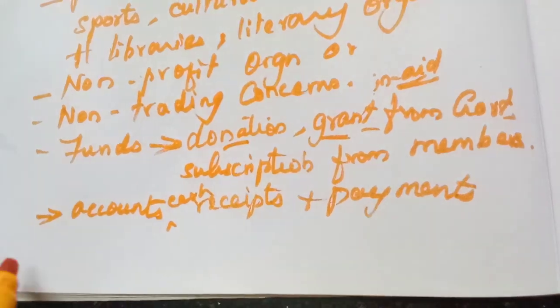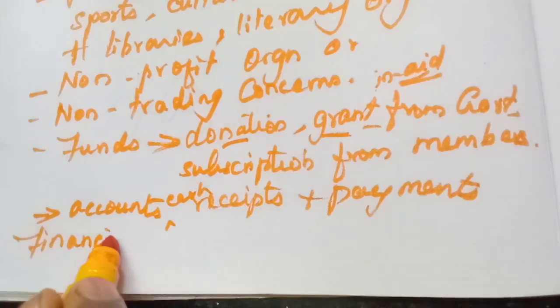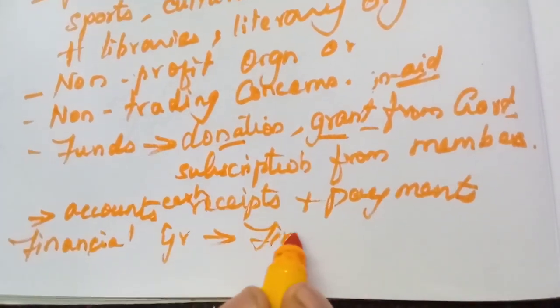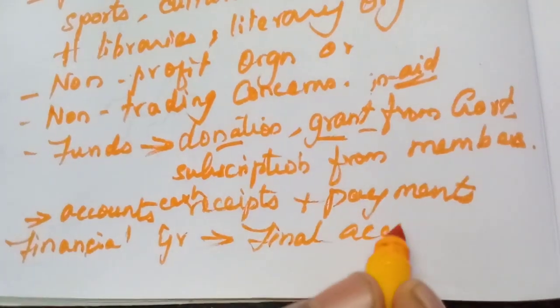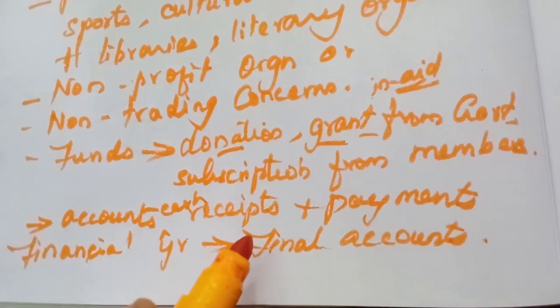Then at the end of the financial year, like the trading concern, they also must prepare the final accounts. Understood? They have to prepare their final accounts. The name of that final accounts may differ.